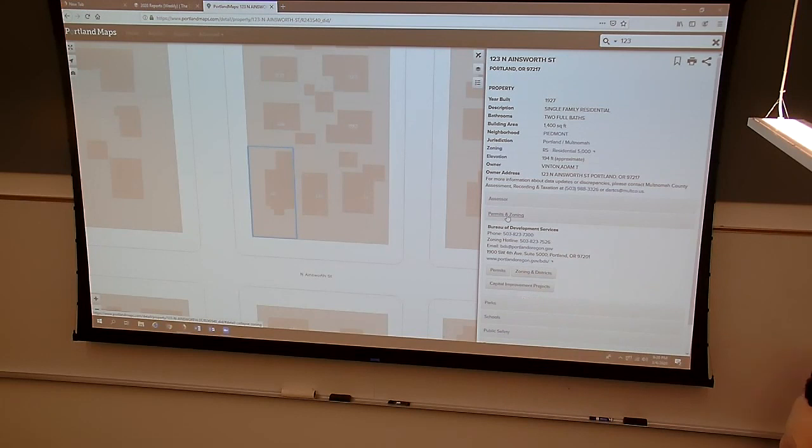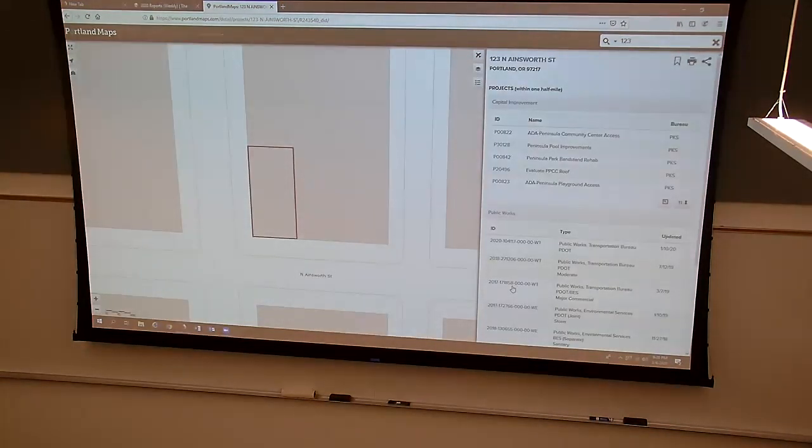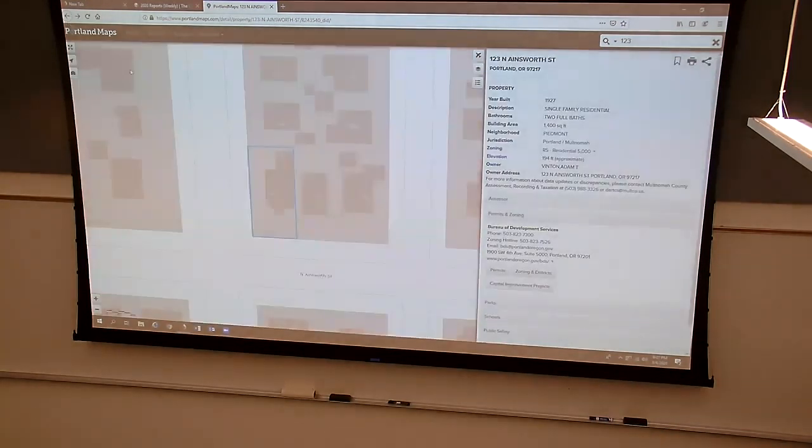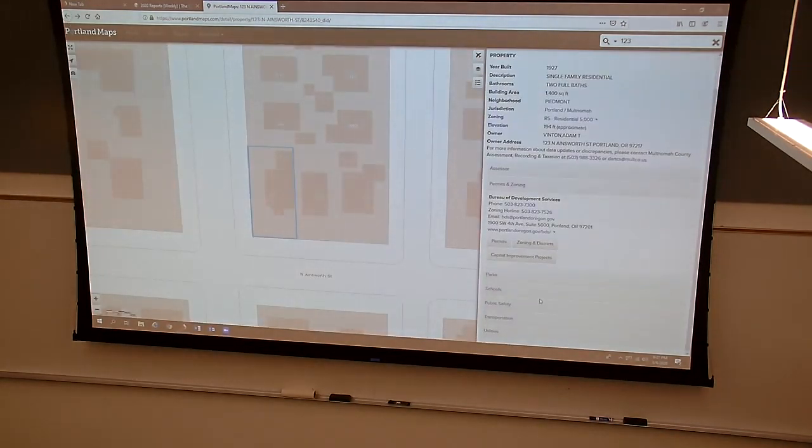But if there was something, it tells you what's going on there. So it tells me anything that has been done in that area, on that block. Know that. It tells me everything I'm going to want to know.